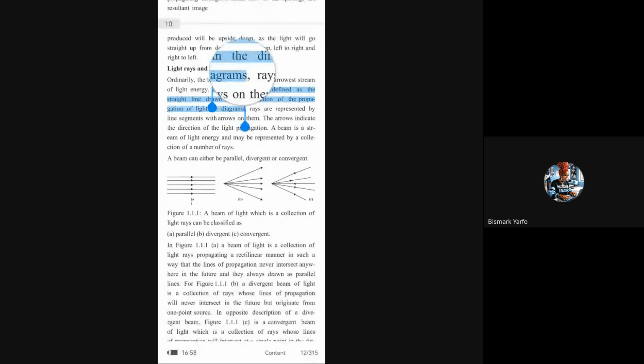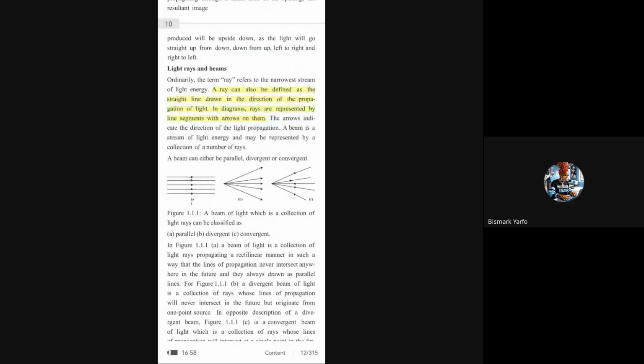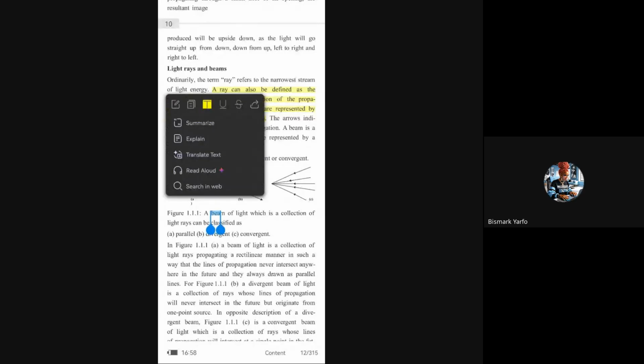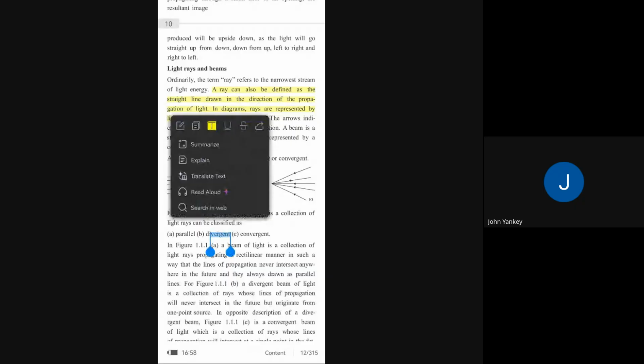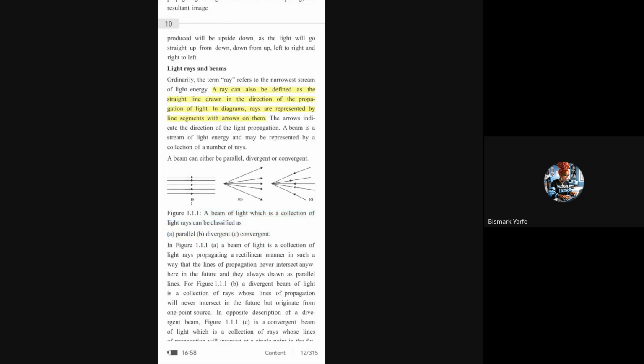I am saying, how can we get the three different types of beams that we have concerning light? Well, I'm saying that a beam is a collection of light energy, right? Yes, sir. A single light energy is called a ray. A collection of rays is called a beam, right? Yes, sir. So how can we get the three different types of beams?